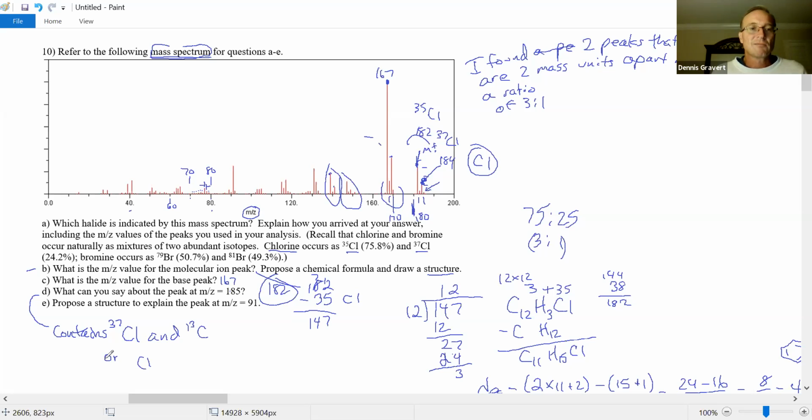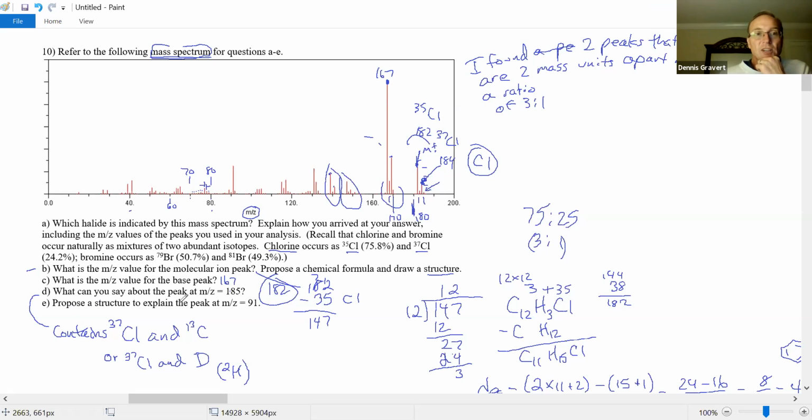Or that peak is still a chlorine 37 isotope and maybe deuterium, which is the second isotope of hydrogen, mass 2. Most hydrogen weighs 1 mass unit, but deuterium has a neutron in it for 1 more. It weighs a total of 2 mass units. That's what you can say about the peak at 185.